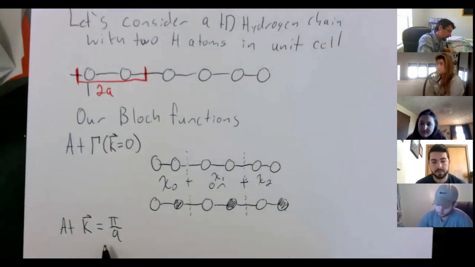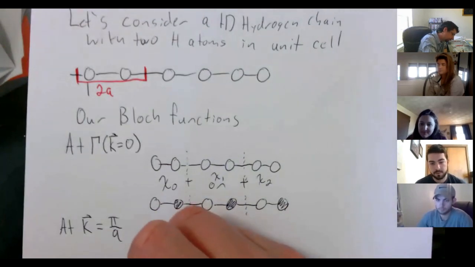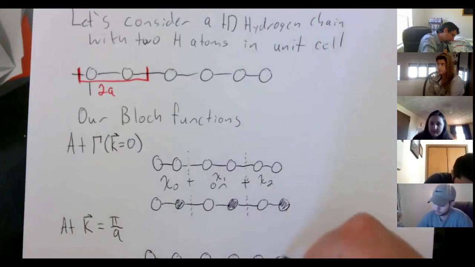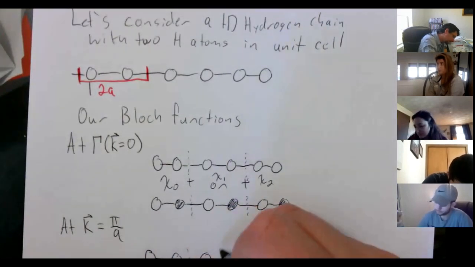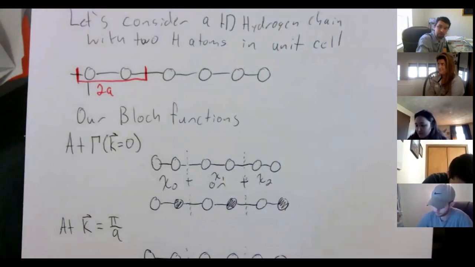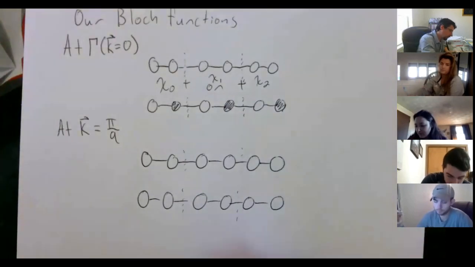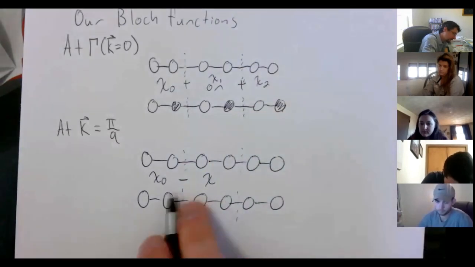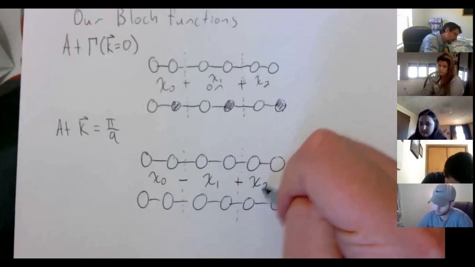Okay. At pi over a, what's that going to look like? We'll mark our unit cell again. We know our Bloch functions have to be out of phase with one another. There's a sign change.